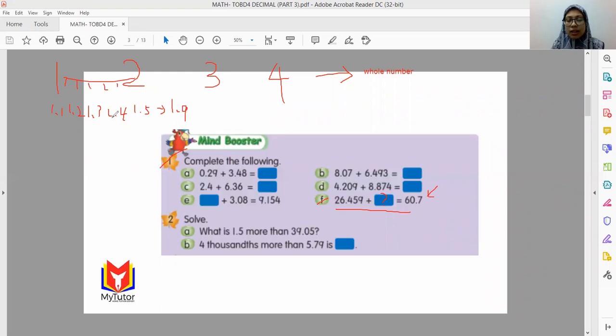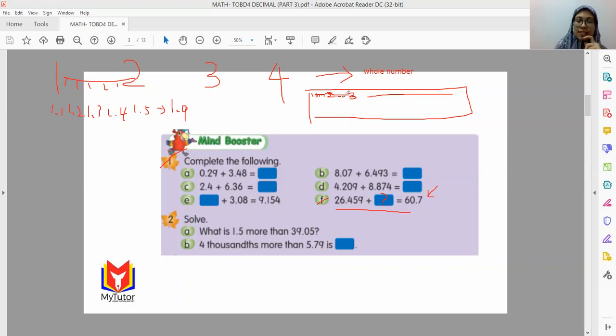It's similar to your ruler. Imagine you have a ruler here. You will see numbers 1, 2, 3, and so on. And in between, you will see small lines between 1 and 2, between 2 and 3. So those are decimals.